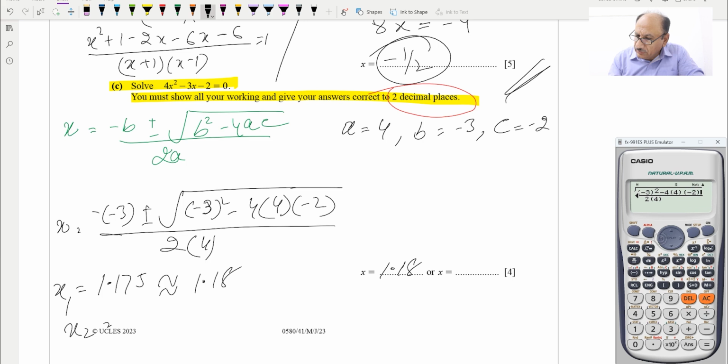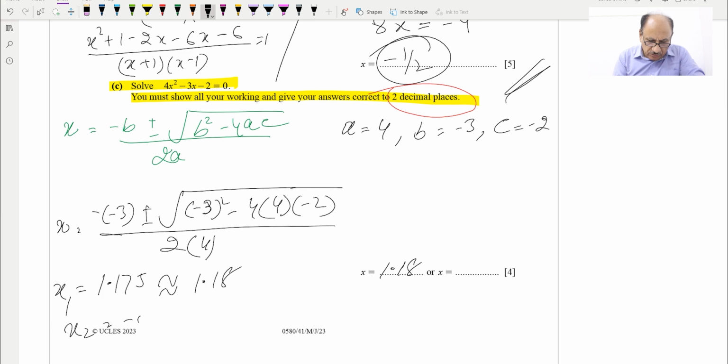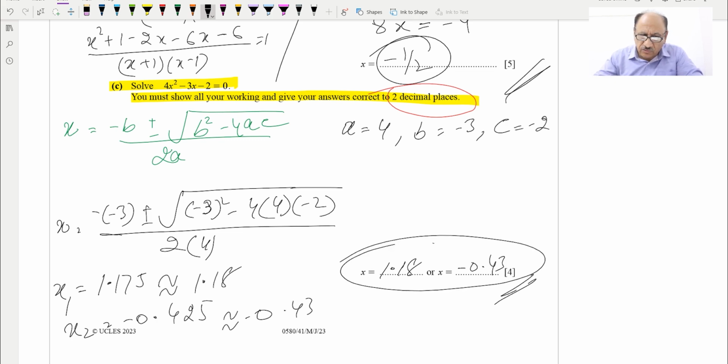We go back, and here we change plus into minus, and we get minus 0.425. So minus 0.425 up to 2 decimal places is minus 0.43. These two will be the final answers, and this is for 4 marks.